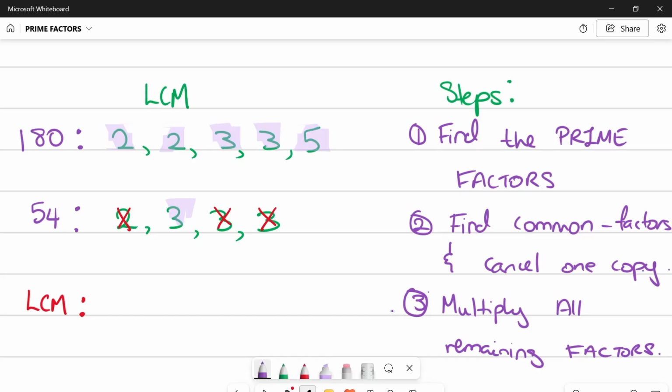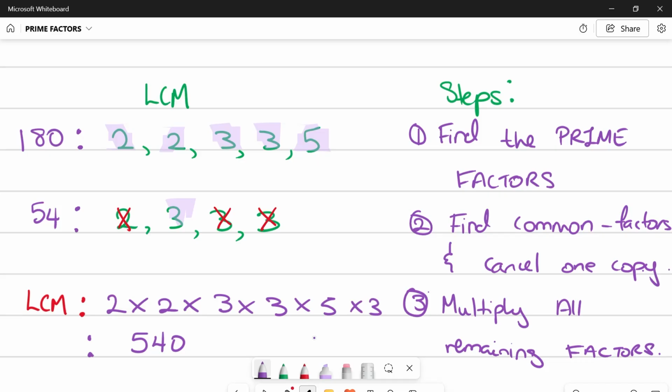The last step to finding the LCM of 180 and 54 is to multiply these remaining factors. 2 multiplied by 2, multiplied by 3, multiplied by 3, multiplied by 5, multiplied by 3. When multiplied, this gives us an LCM of 540.